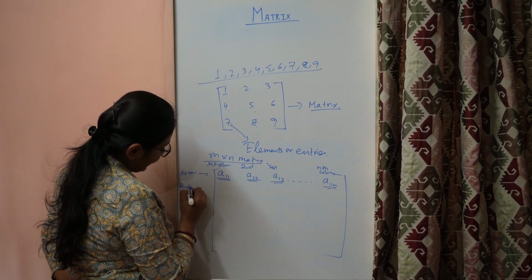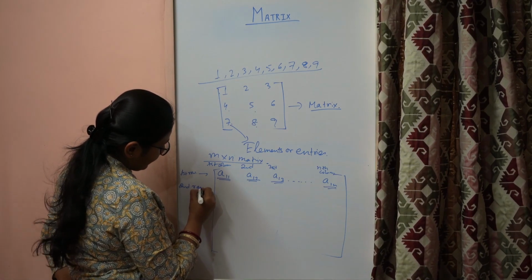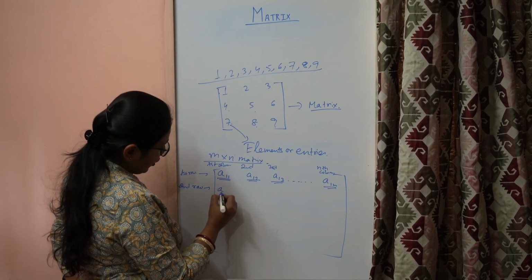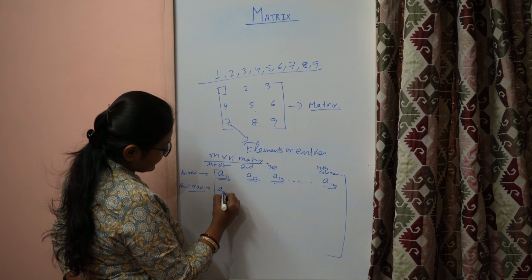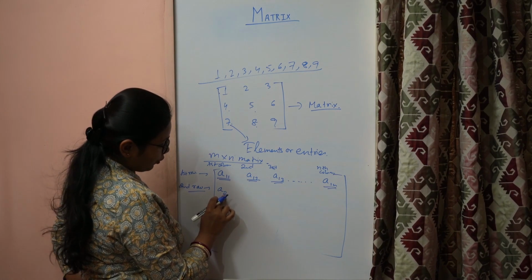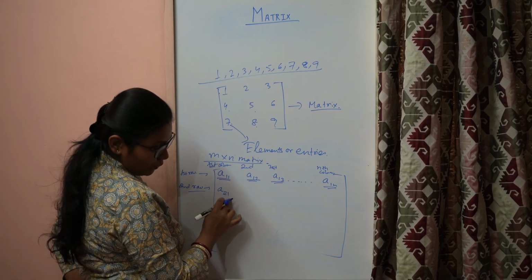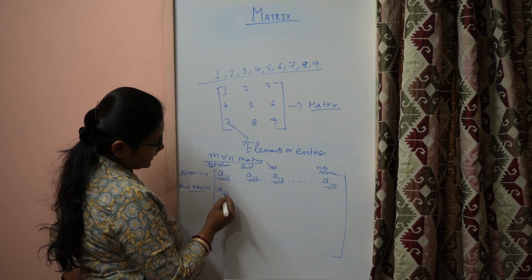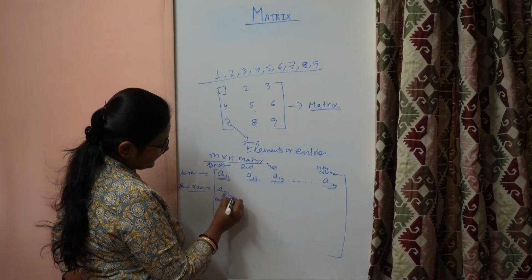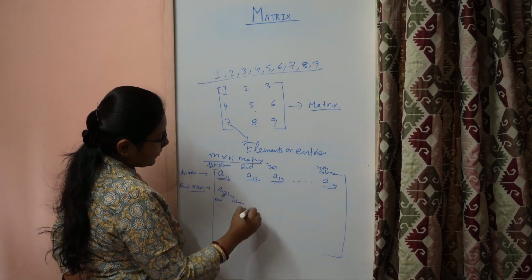What will be the representation of the elements of the second row? In the suffix, the first value is for the row, that is 2, and this is first column, so it will be A21. The first number is for row and the second defines the column.